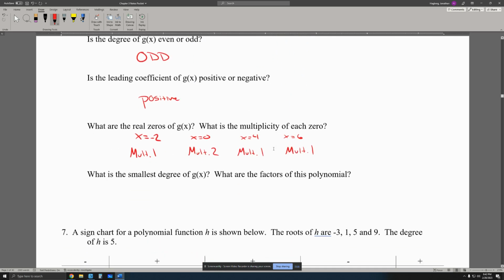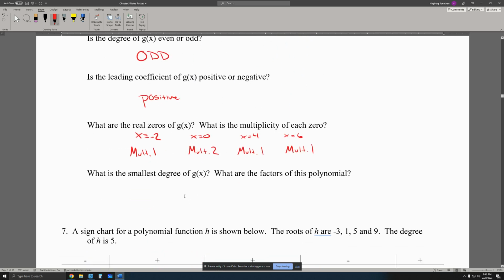I should really say these are odd and even, right? So we're assuming that it's 1 and 2, and that's the minimum that it could be. But know that this has to be odd, and then even, and then odd, and odd. So then the smallest degree would be 5th degree.